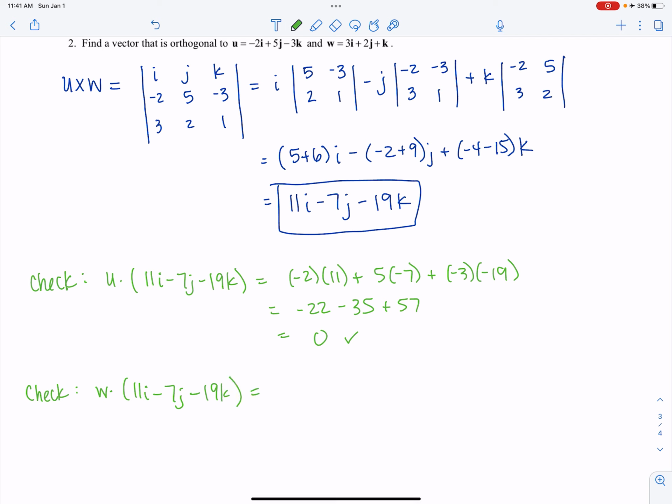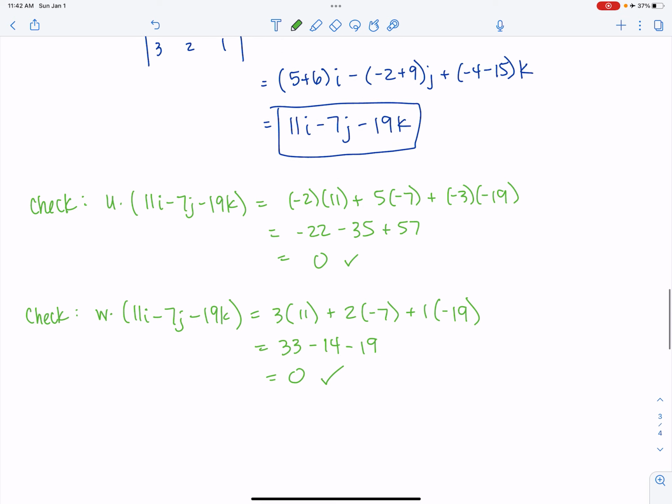So w gives us 3 times 11, 2 times negative 7, 1 times negative 19, which is 33 minus 14 minus 19, which is 0. And so that does in fact give us a vector that's orthogonal to both u and w. Pretty cool.